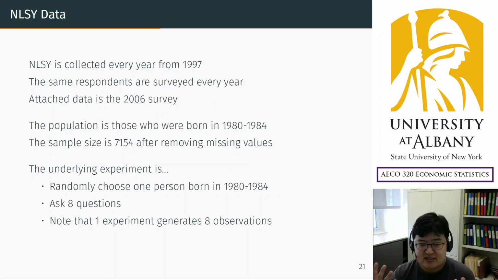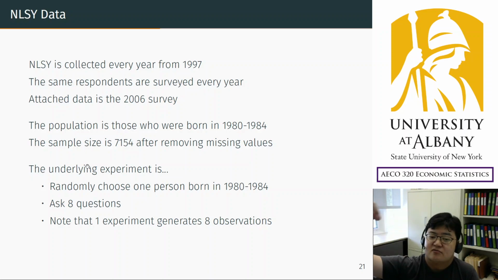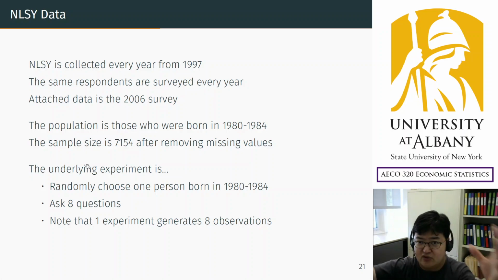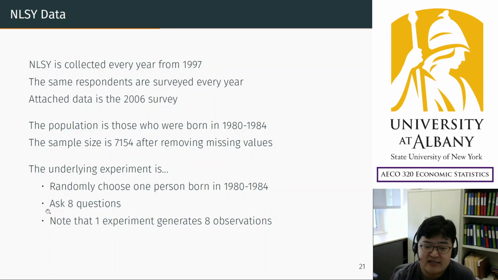And then let's imagine what is the underlying experiment. The underlying experiment is to randomly choose a person that satisfies the population criteria, right? So we restrict our study subjects to a certain generation. So choose randomly out of that population, and then ask 8 questions.